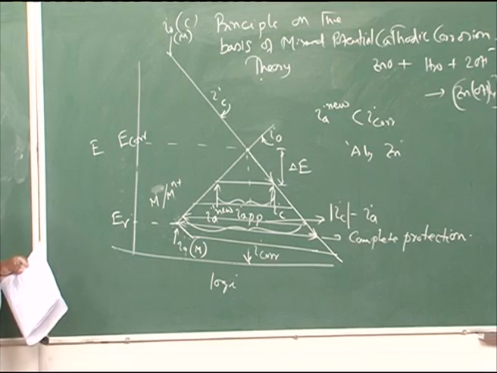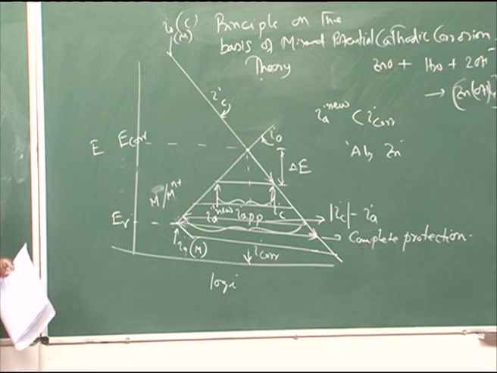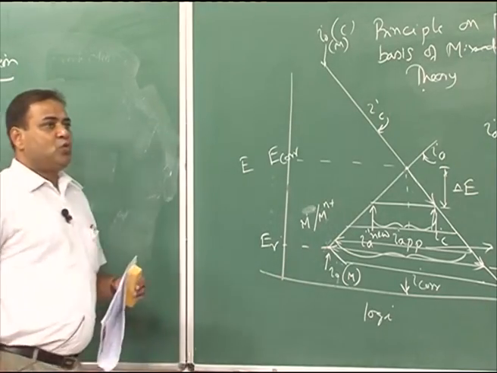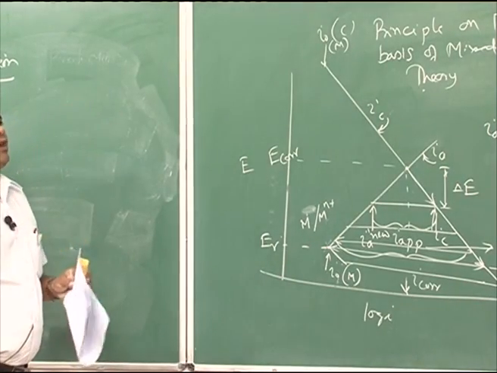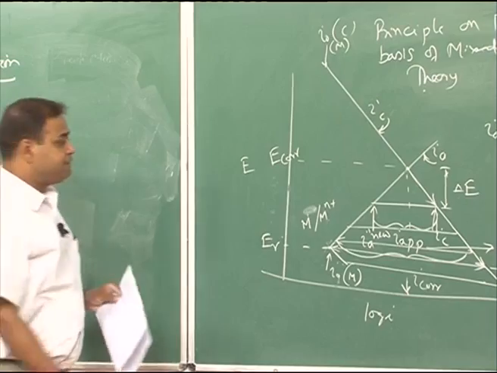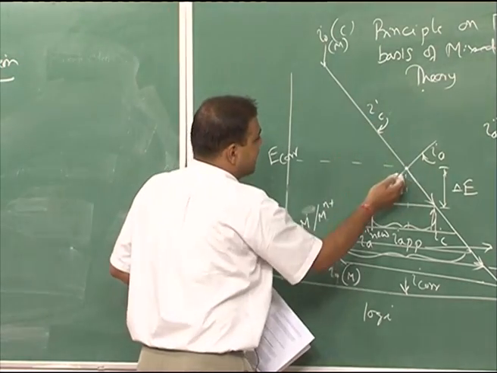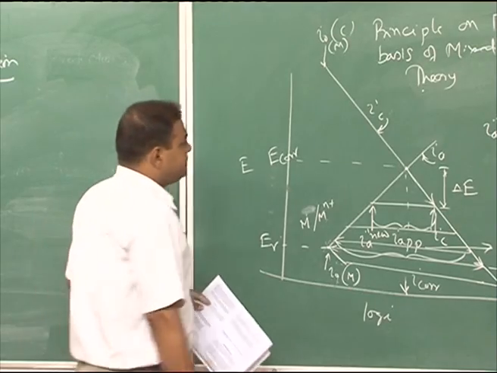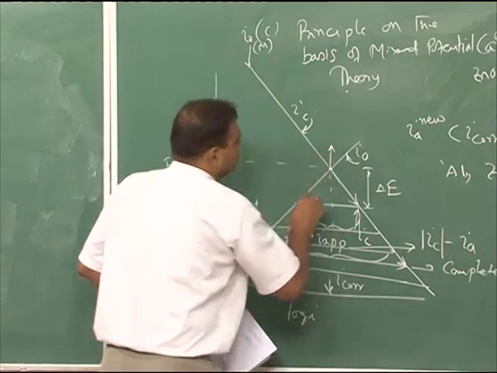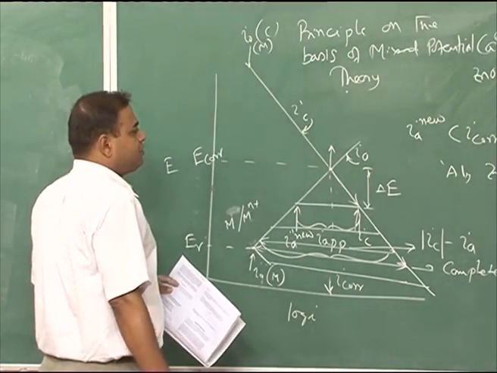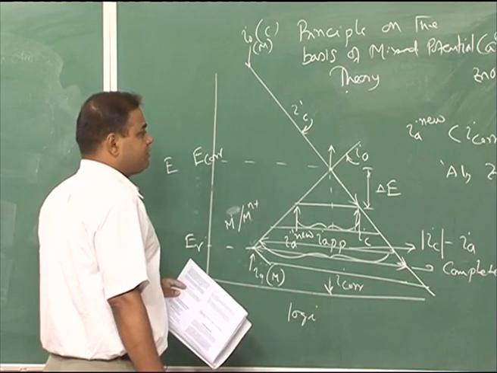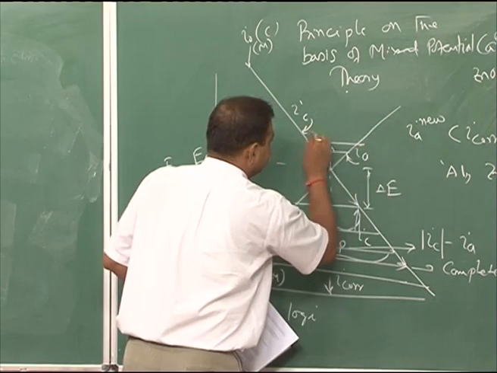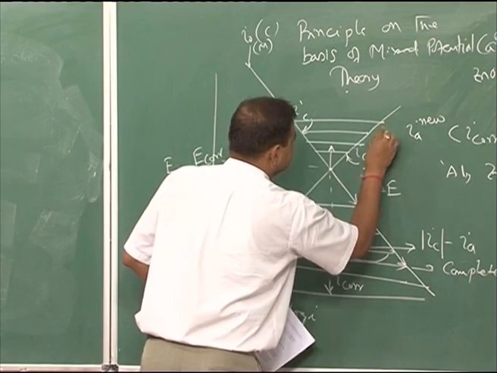Now, since we are saying that this is anodic protection, that means instead of cathodic polarization, we should go towards the anodic polarization side. If it is activation controlled and if it is an active metal, then if we go towards the positive side, which is nothing but the anodic polarization, we will see that we gradually keep increasing IA.